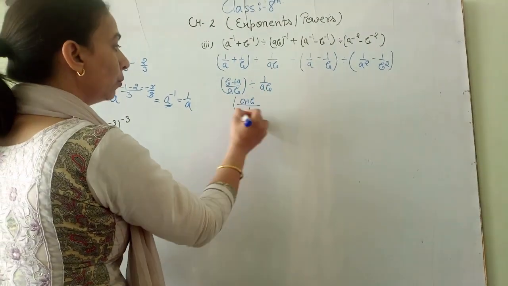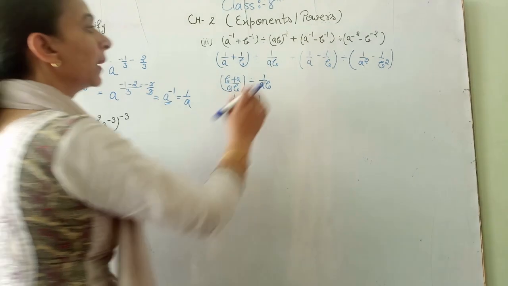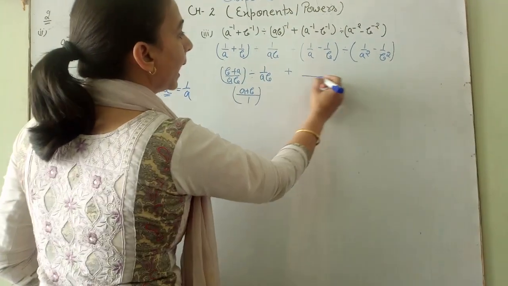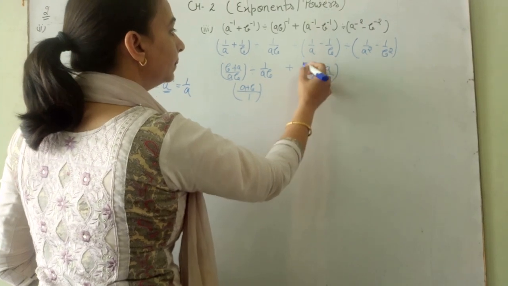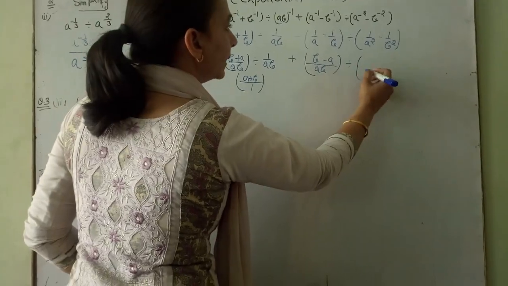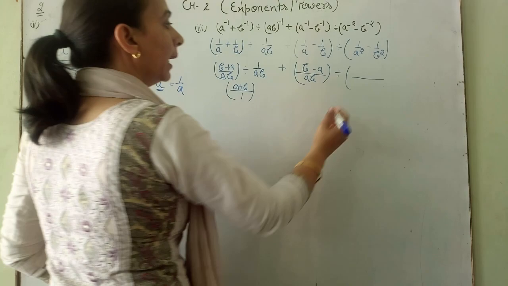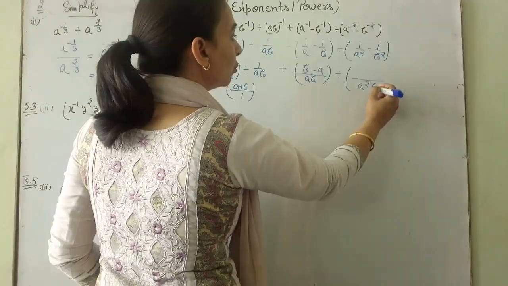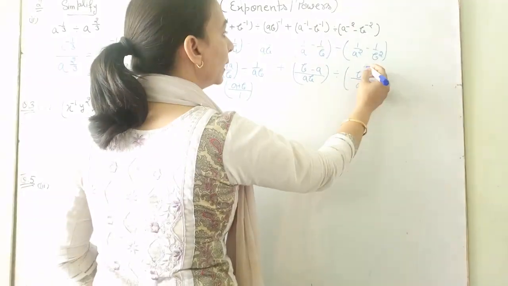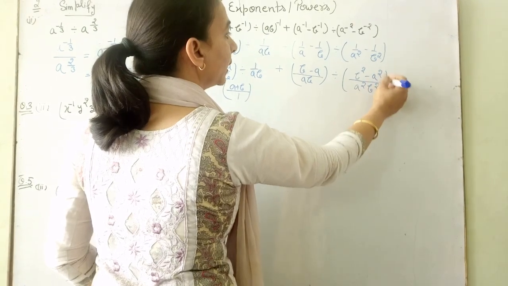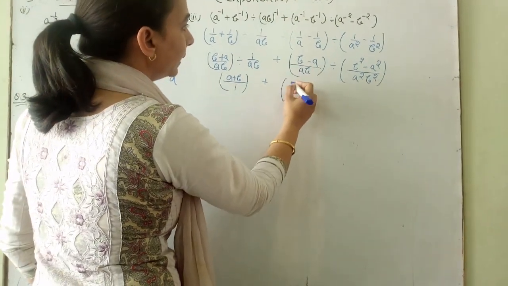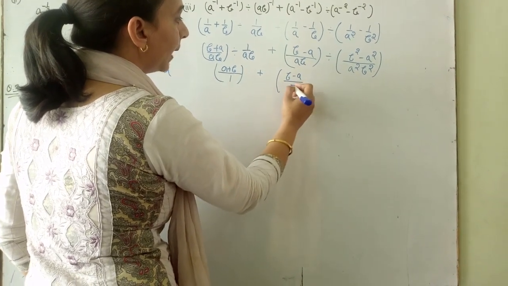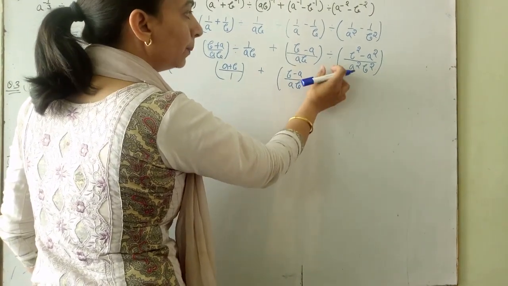Complete, equal to a plus b by 1. Same, plus we take the LCM ab, then b minus a, divided by the same, we take the LCM a square b square, then b square minus a square. Clear, student?